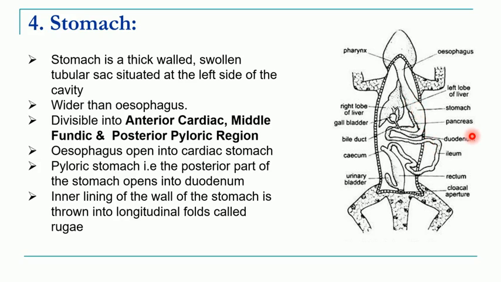Now the esophagus, which is a tubular structure, opens into the first part of the stomach. And if you see the inner wall of the stomach, it has numerous longitudinal folds which are called rugae. Now these rugae basically increase the surface area of the stomach for the absorption of the food material.